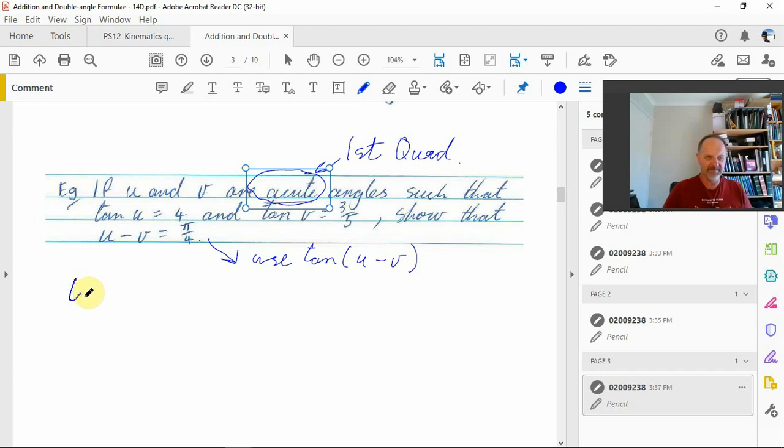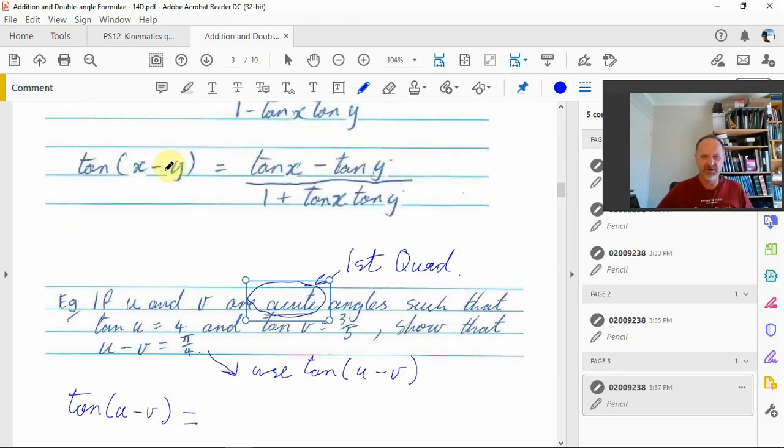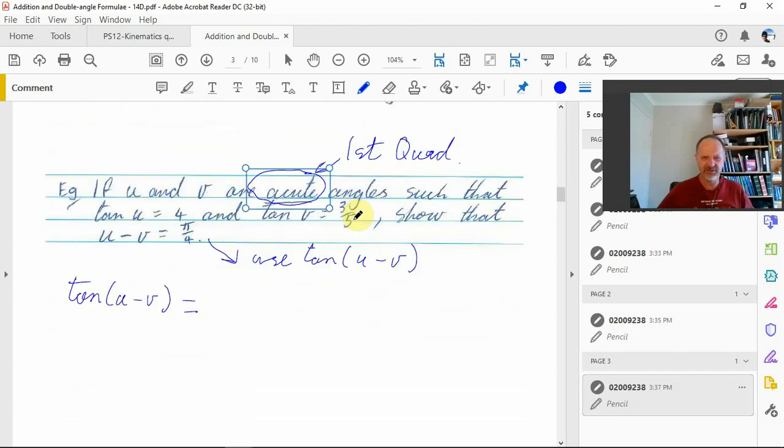So the tan of U minus V equals, because we've got some tan values of U and V here. All right, so that's what we're going to use. So let's just shoot it back up here, the minus one. So here we go. So tan U minus tan V on top.